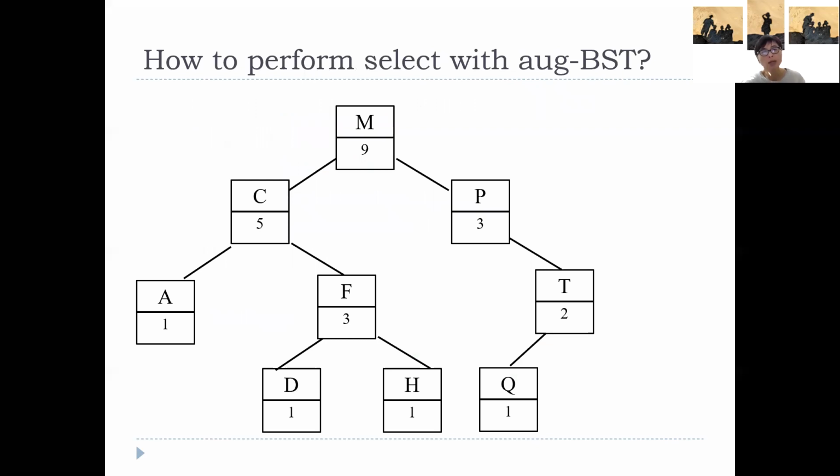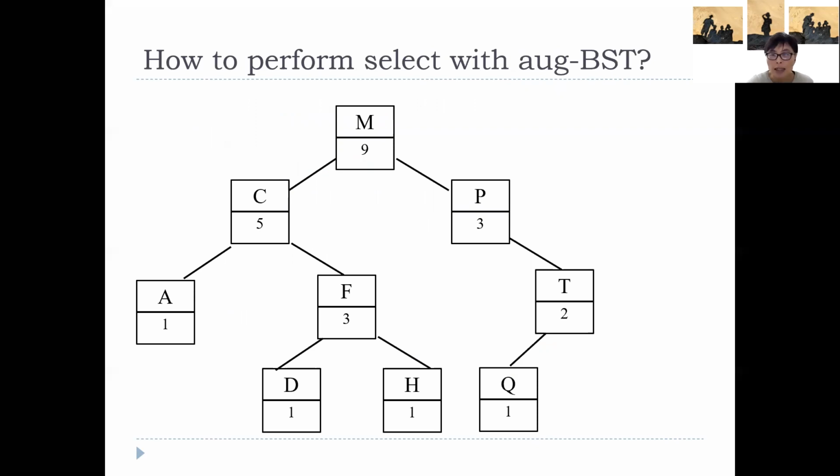Finally, once we have this augmented information, how do we perform the select operation? I will not give you the pseudocode for the procedure, but I'm going to first explain the idea behind it. You have a homework problem later to realize this idea in a real algorithm.